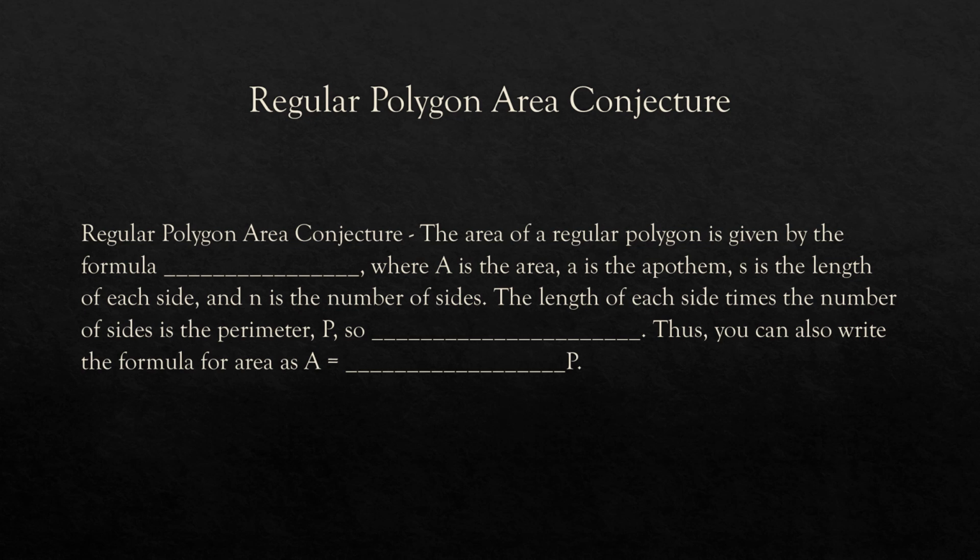So what is the formula for the area of a regular polygon? It was what we came up with, that last box with the n number of sides. So the area of a regular polygon is A equals 1/2 NAS.